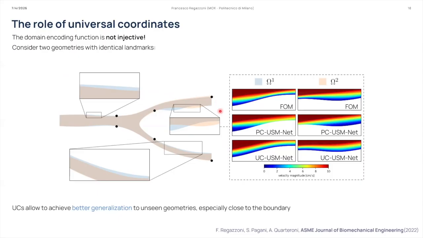But what happens is that if we have these two geometries, the surrogate at a given physical coordinate will always output the same result, which is of course not the case. Instead, by using universal coordinates, we can have an encoding of the domain that allows to better capture what happens, especially close to the boundary. So in this way, we can generalize better from one geometry to another.